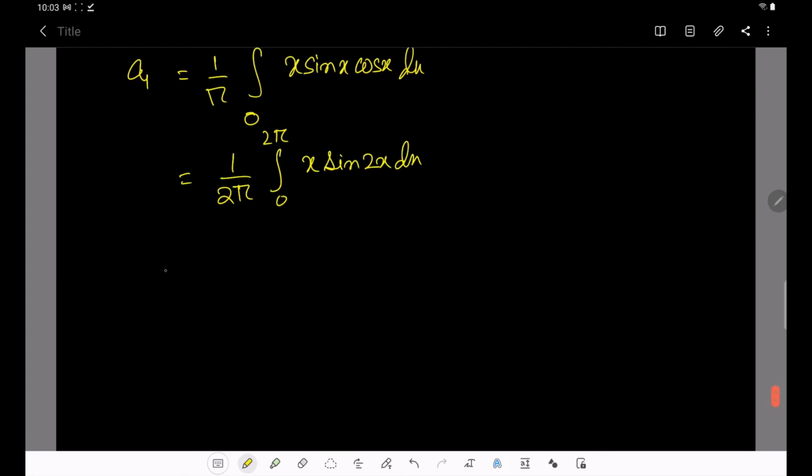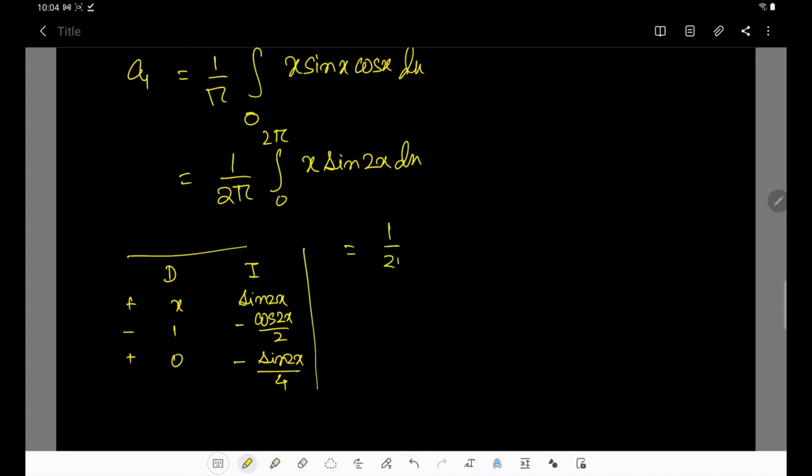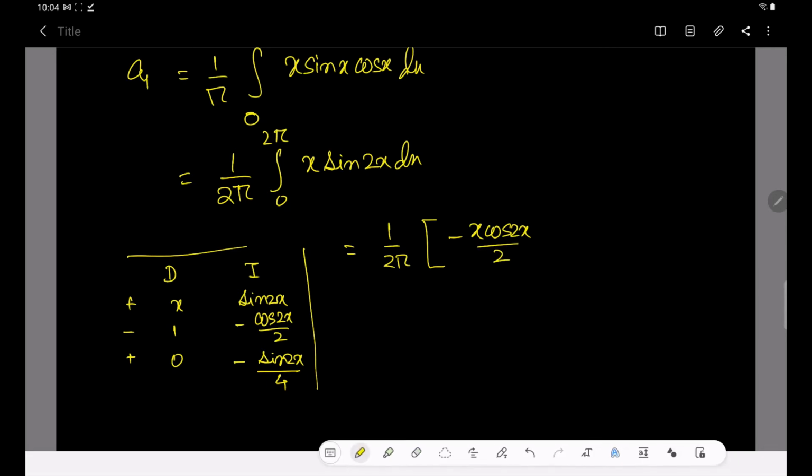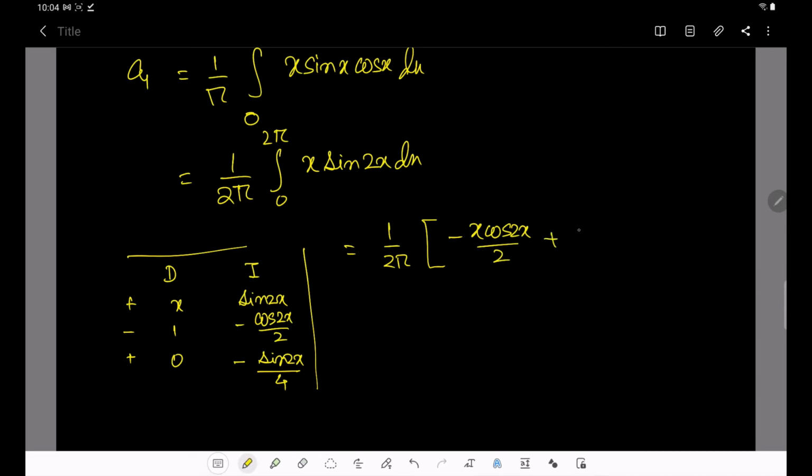So we again use that technique: x sin 2x, and 1, 0, that will produce cos of 2x by 2, and it will give you minus sin of 2x by 4. So equal to 1 by 2 pi, minus x cos 2x by 2 plus sin 2x by 4.